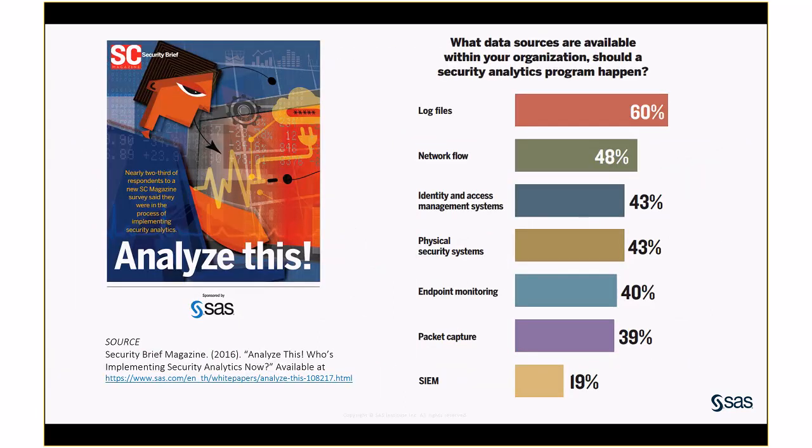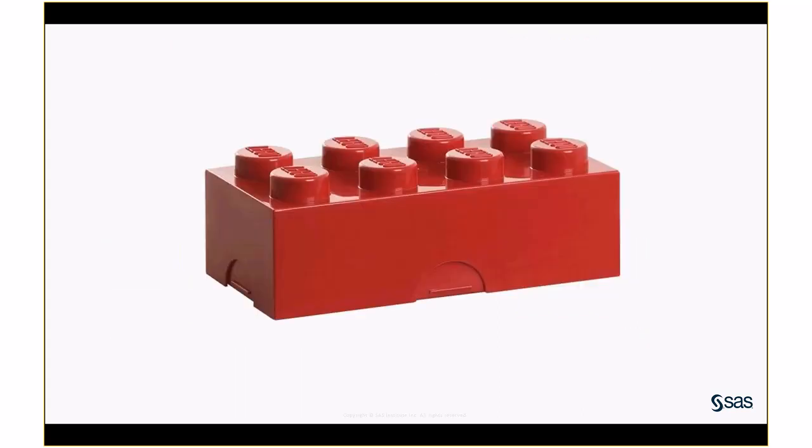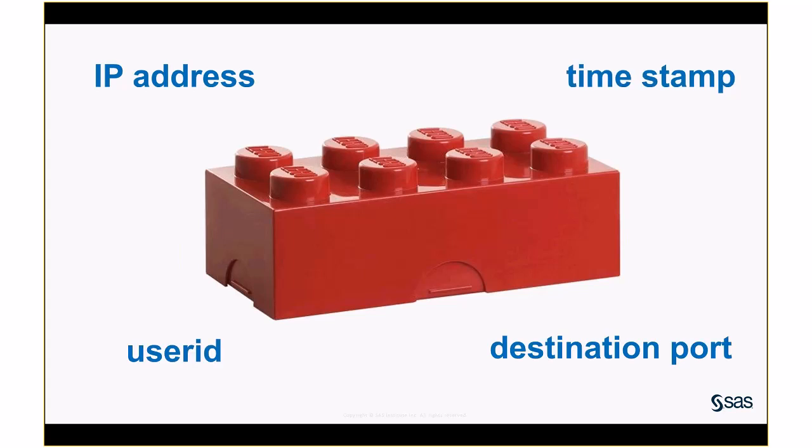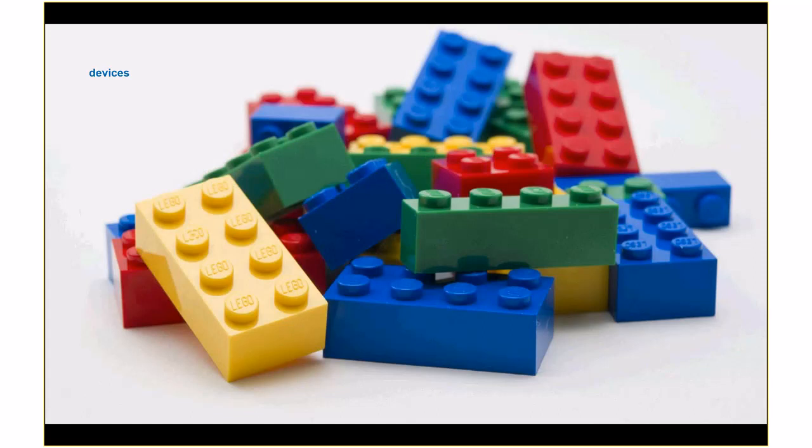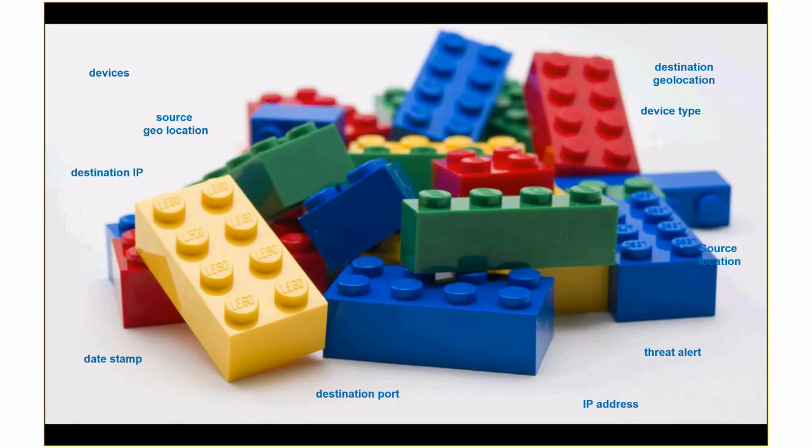The types of cybersecurity data are quite diverse, and that's part of the challenge. There's a huge number and types of cybersecurity data surrounding the typical operational environment. And it's appropriate to say that a single granular piece of data can be many, many different things in a cybersecurity environment. If we think about a piece of data as a block, like a Lego, it could be an IP address, a timestamp, a user ID, perhaps a destination port. And when we look more broadly at these, it becomes quite a jumble, quite a pile of data.